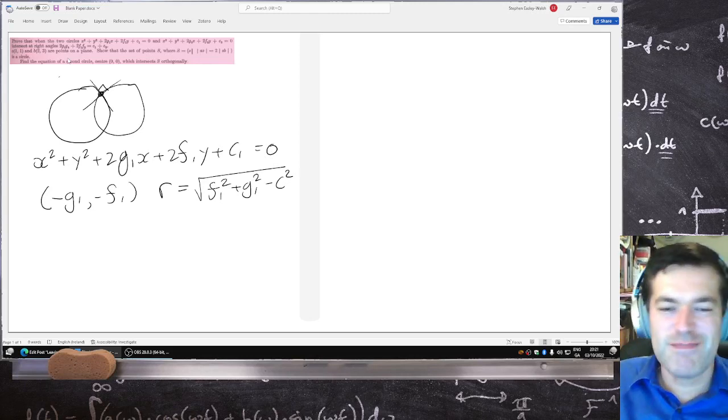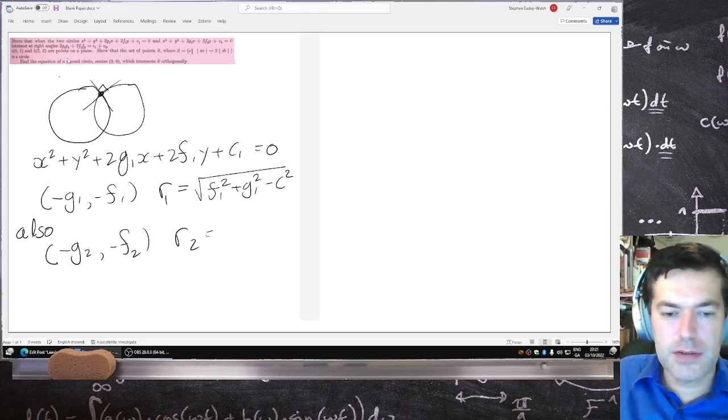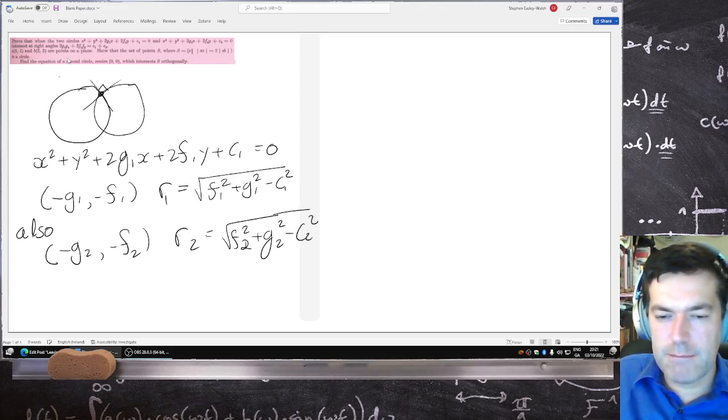Well, if I don't get this result here, then I know I've done it wrong. And likewise for the other circle, it looks like the same equation, just with 2's in it. And radius 2 is square root f2 squared plus g2 squared minus c2.